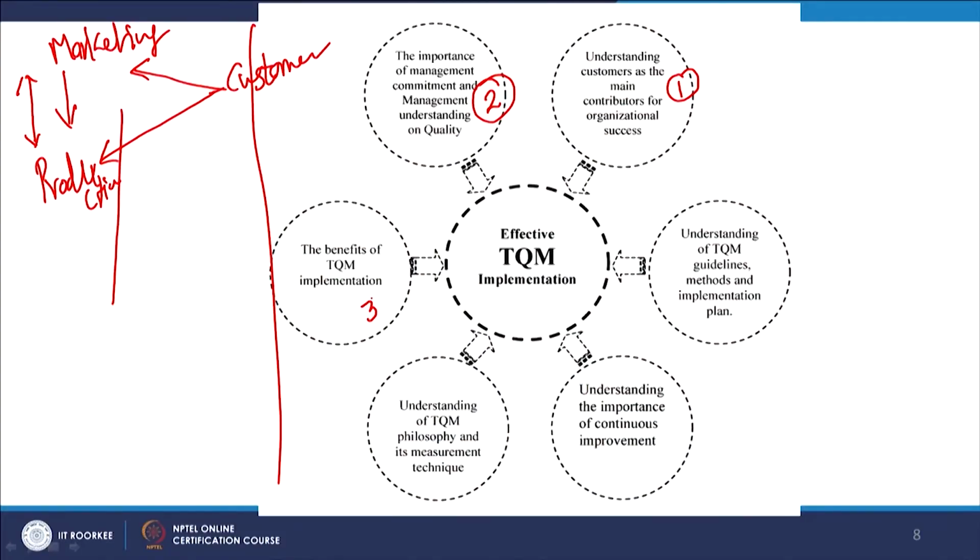So, we need to be very careful, and we need to do a lot of education and training, and create awareness of implementing TQM, that it is not simply a new type of technique, but that the organization is going to take benefit out of TQM implementation. So, that is also an essential dimension of TQM success.